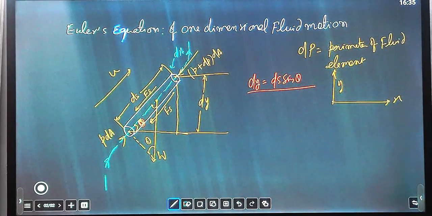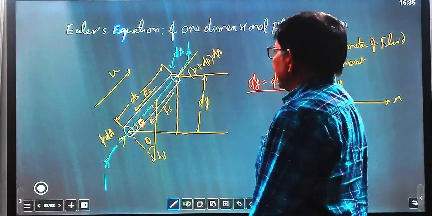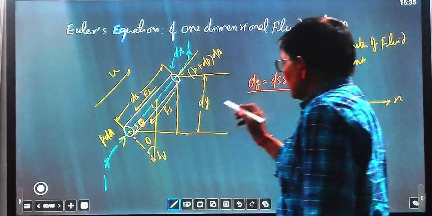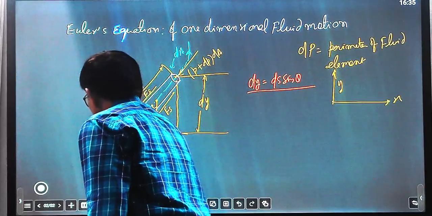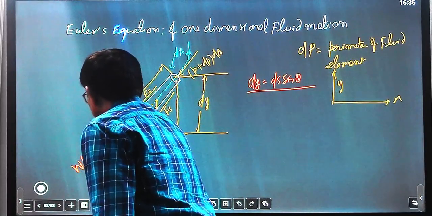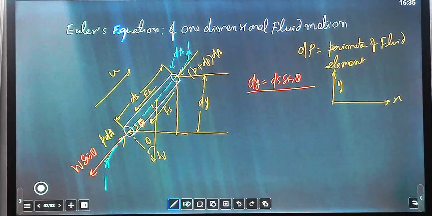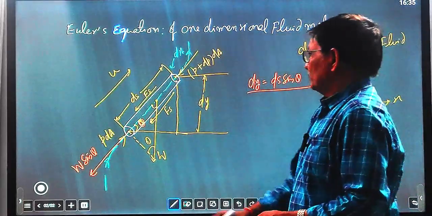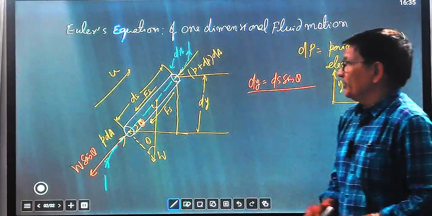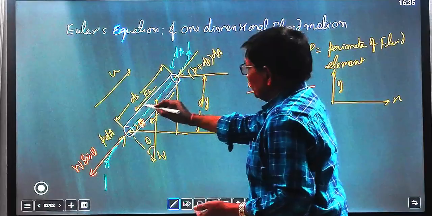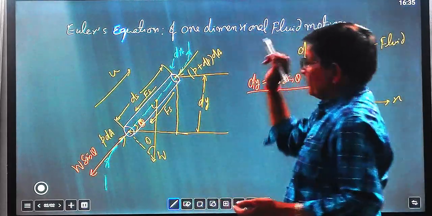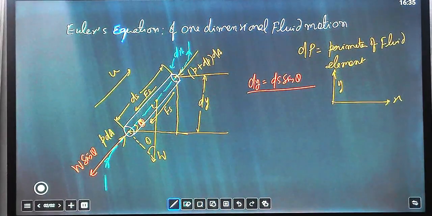You can see from the diagram, dy equal to ds sine theta, and here one component is acting, that is W sine theta. W sine theta is the component acting downward along the fluid element. So now we apply the force balance equation for the motion of the fluid element along this direction.